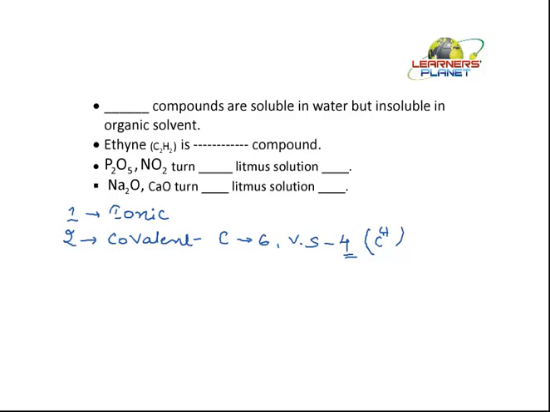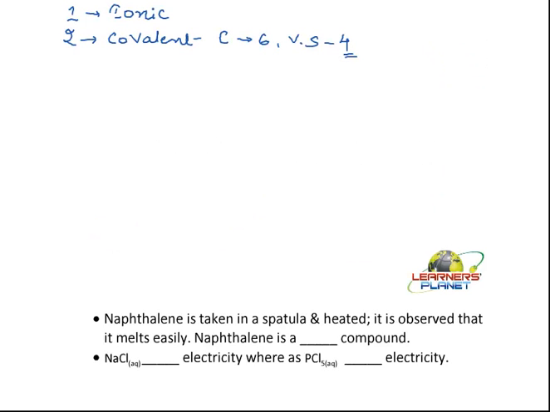Now in this case, your carbon is what? Non-metal. So this carbon cannot form 4+ ions. Why can it not form 4+ ions? Because it will require a large amount of energy to lose these 4 electrons.